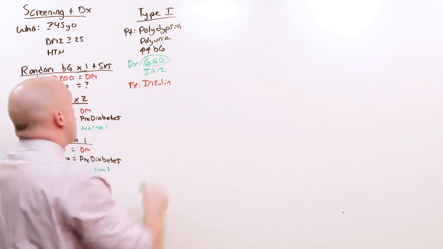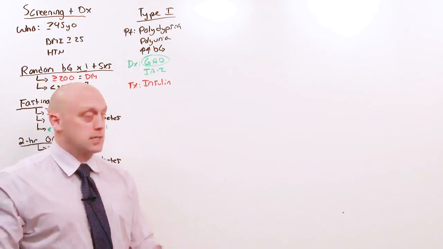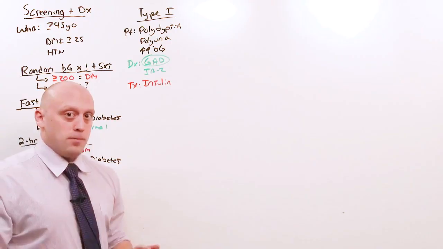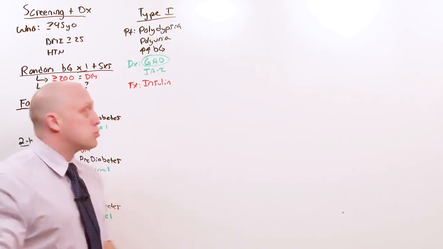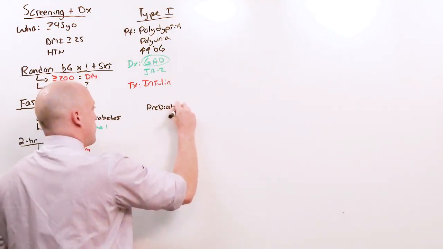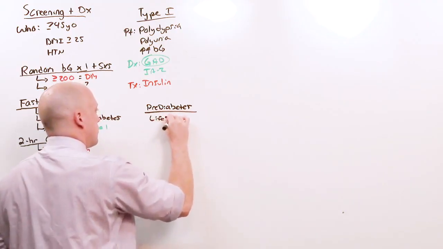All right. Now, if they're not type 1, right, they're antibody negative, and you don't test for the antibodies unless it's rapidly progressive and they have the obvious presentation of polydipsia, polyuria. If you've diagnosed someone as pre-diabetes, the answer is lifestyle and metformin.